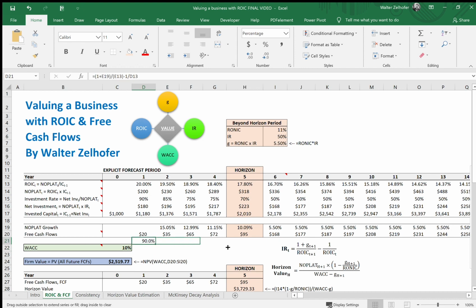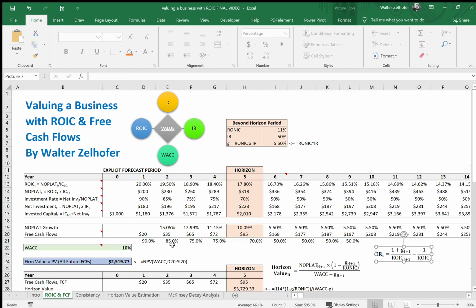If you drag this all the way across, you will see that these numbers will match the investment rate that I have in the original table.